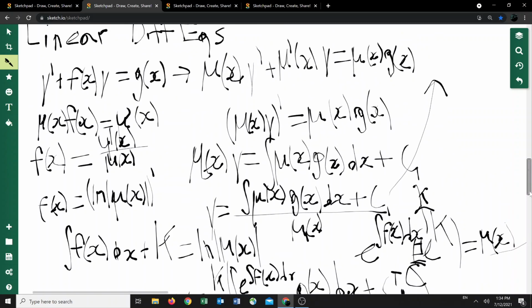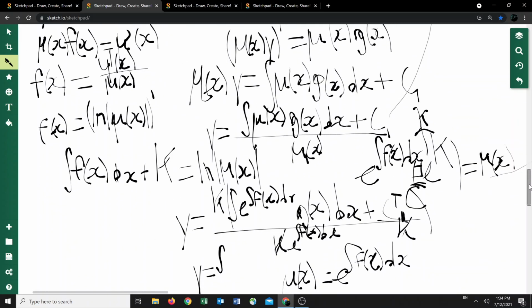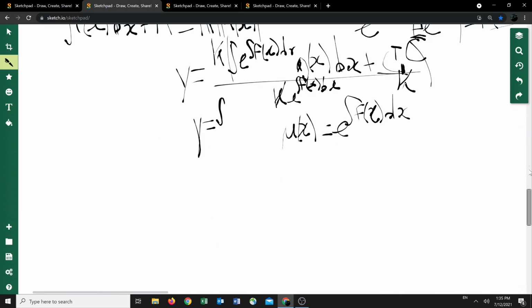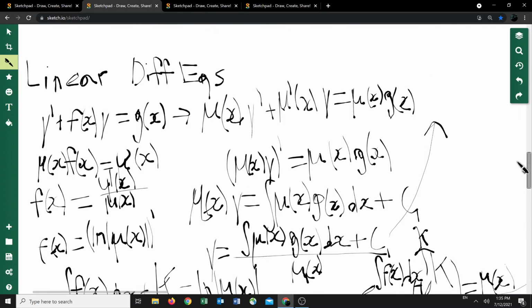Okay, and then what do you want to do? Well, you multiply both sides of your standard form by mu of x, your integrating factor. Then we have a general form for this. The result on the left-hand side is this really beautiful result: the derivative of the product of the integrating factor and y.